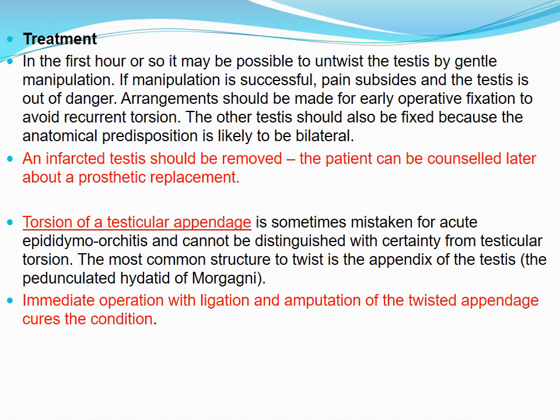In this condition there is a twist of the appendix of the testis, what we call the pedunculated hydatid of Morgagni. The patient needs surgical intervention in the form of ligation of this appendix and amputation of the twisted appendage, and this will result in a cure of the condition.